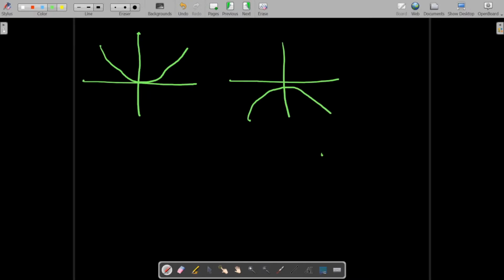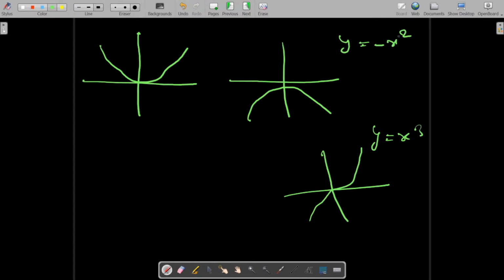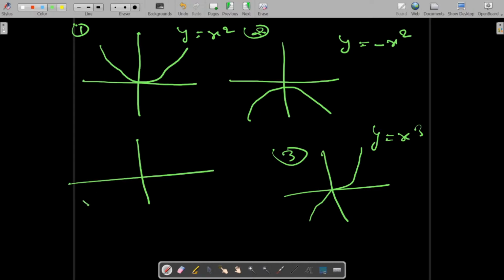So let's take one example here. This is the graph. This is y equal to x cube, this is y equal to minus x square, and this is y equal to x square. First graph, second graph, and third graph, and another graph is this one. So this is fourth graph.